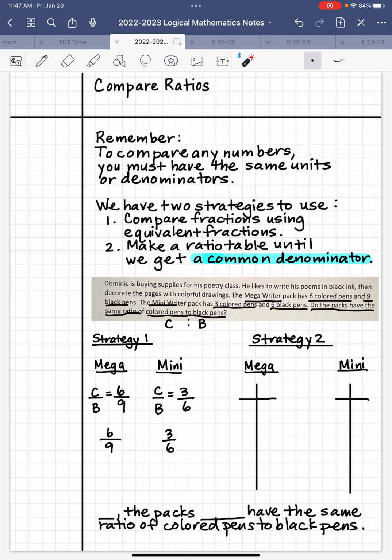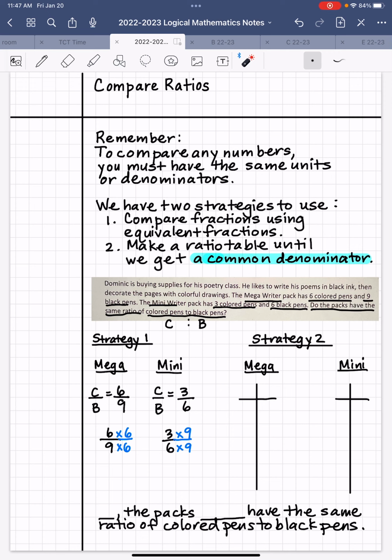In this case, because I want them to have the same denominator, I'm going to multiply by the other fraction's denominator. So I'm going to multiply both the 6 and the 9 by this 6. And I'm going to multiply the 3 and the 6 of this fraction by the 9 of this fraction. So now both of these fractions have the same denominator, which is 9 times 6. Because they have the same denominator, we can now compare their numerators.